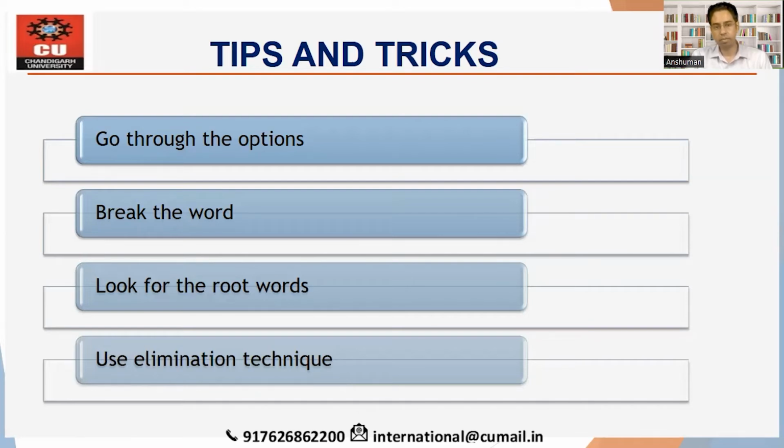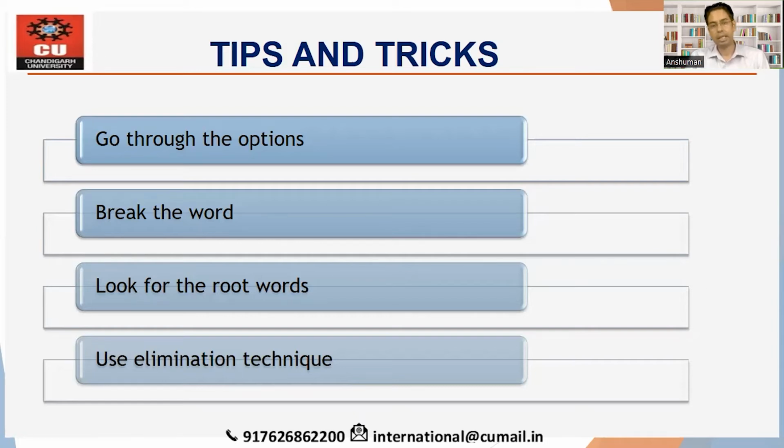Then the third strategy: look for the root words. Always remember, root words are the base words. If we talk about English grammar, words consist of base words. If we add something before the base word, it becomes a prefix.